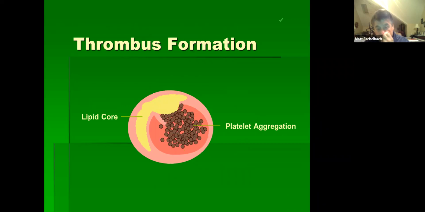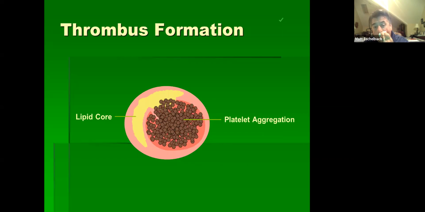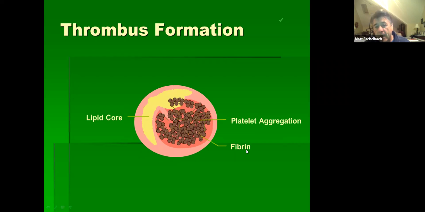As time goes by, more and more platelets adhere to each other, and aggregate is the word. And when platelet aggregation is complete, we start to form fibrin, and fibrin will kind of tie this all together, and before you know it, vasoconstriction happens and no blood is getting through there, and this is what myocardial infarction is.